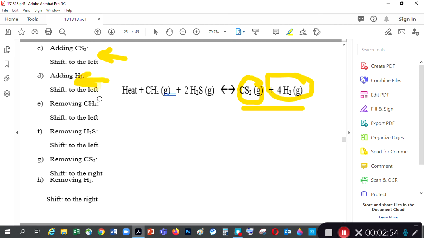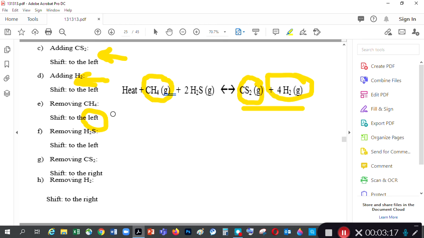Removing one of the reactants, if you remove this one here, this side will have the least amount and the least stress, but the product side will be more, correct? And the shift will be to the left.